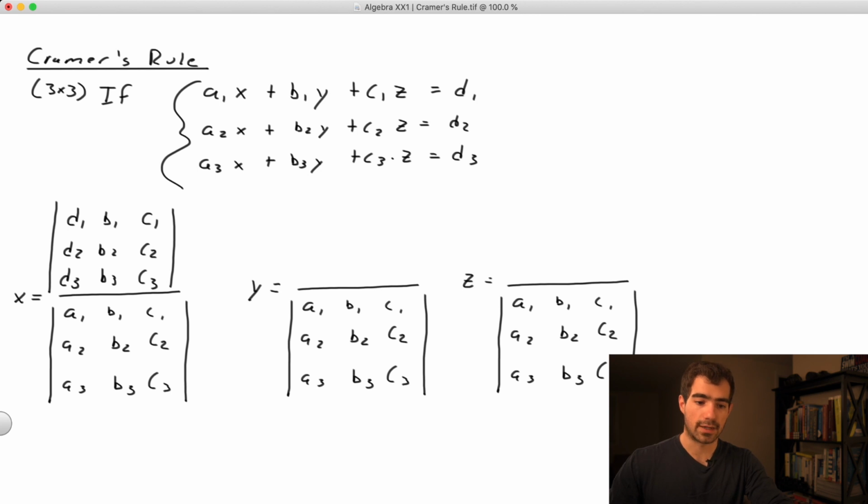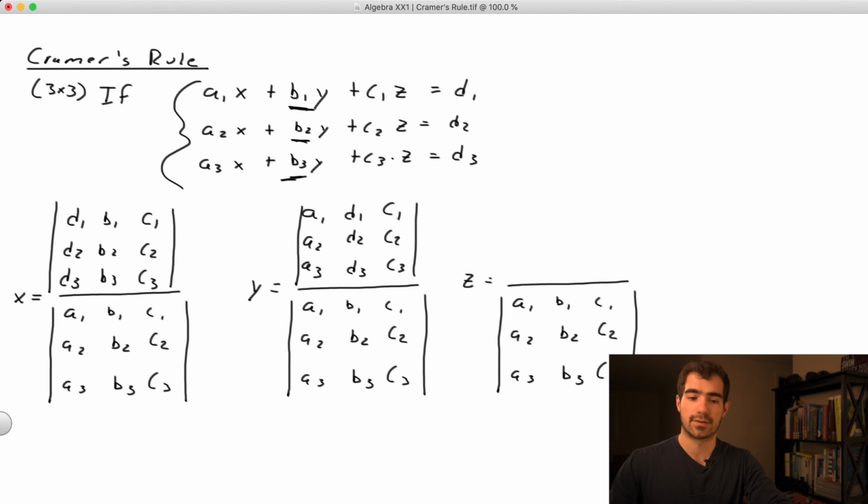Likewise for y, we'll take the determinant of the matrix that uses all of the coefficients, except instead of the y coefficients, we'll replace those with the constant terms. So this will be a1, a2, and a3 in the first column, but d1, d2, and d3 in the second column, and c1, c2, and c3 in the third.